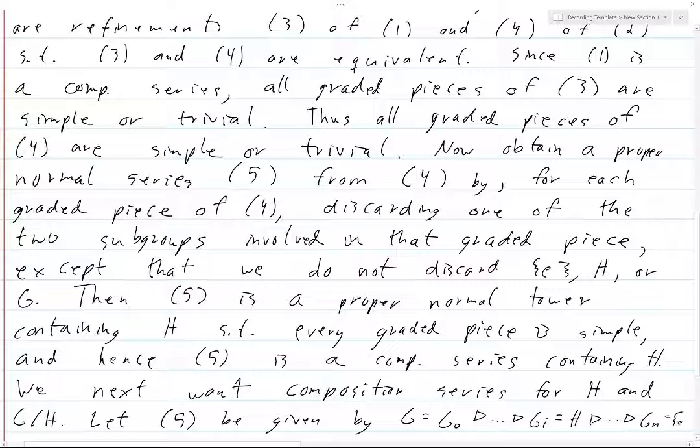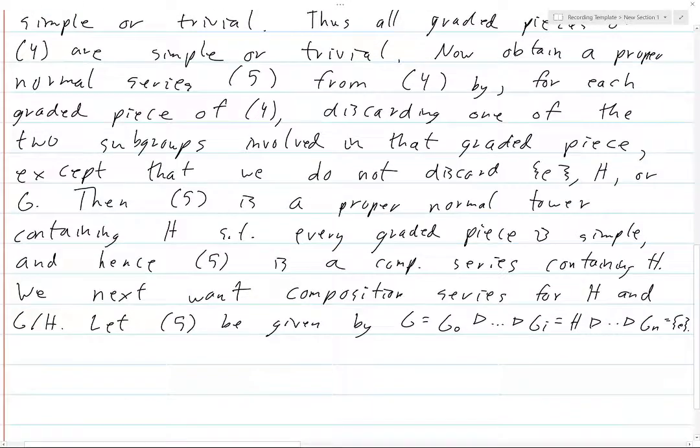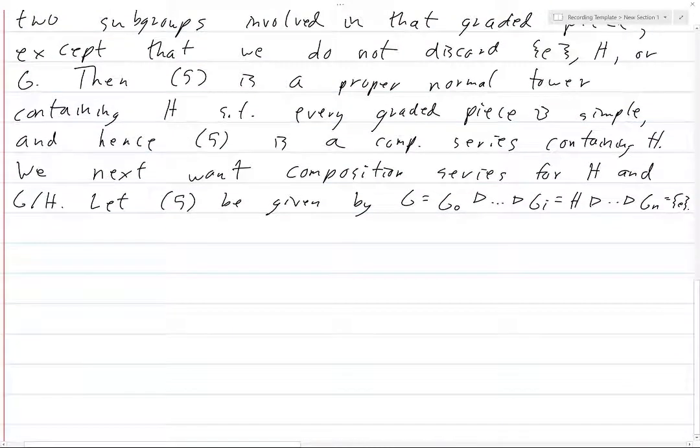Gn will be E, G0 will be G, and then Gi will be equal to H. Will it be equal or isomorphic? No, it's going to be equal, because the whole isomorphic case, that's why we had to throw out, if we had it isomorphic, that would be an issue.